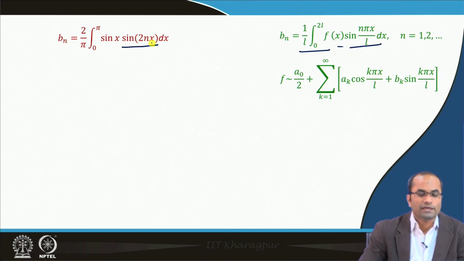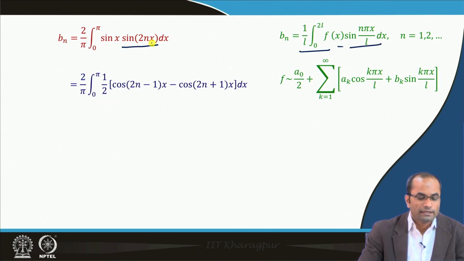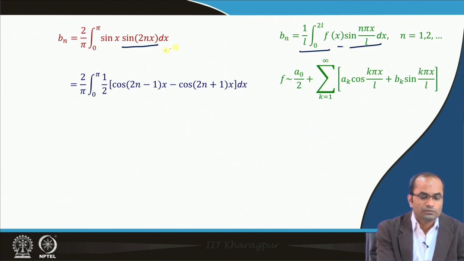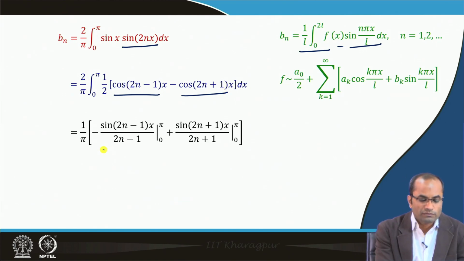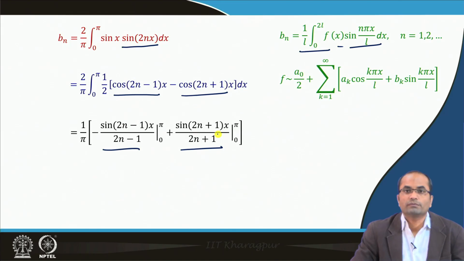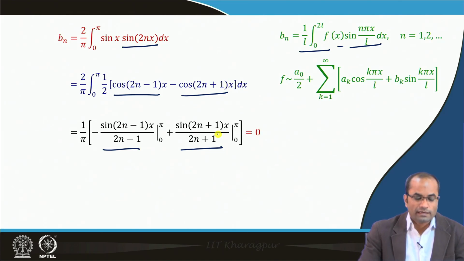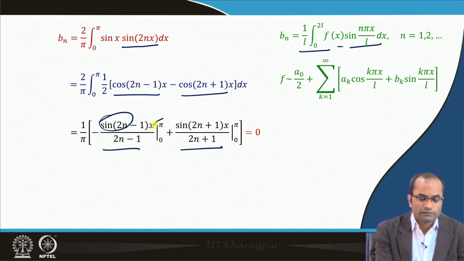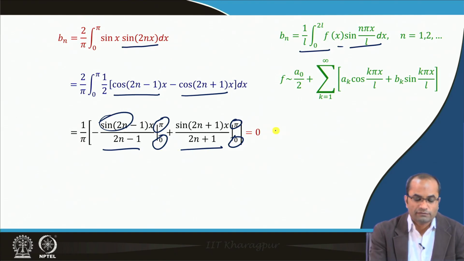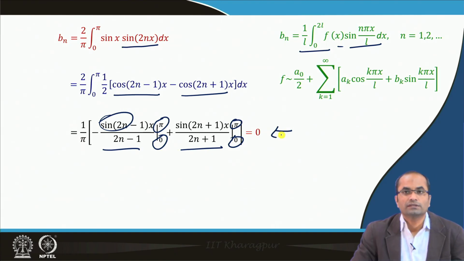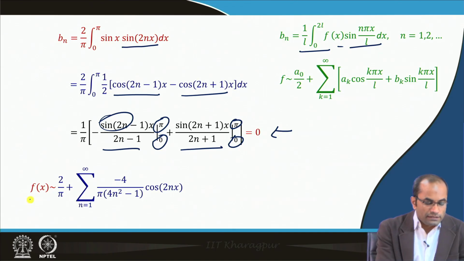With sin 2nx, we again apply the sin A sin B formula, sin (2n minus 1), cos (2n plus 1), and then cos will be sin, and again this cos will become sin there. And since the sine is here, whether we put pi or 0, this will be 0. So, at the end we realize that this b n is 0.